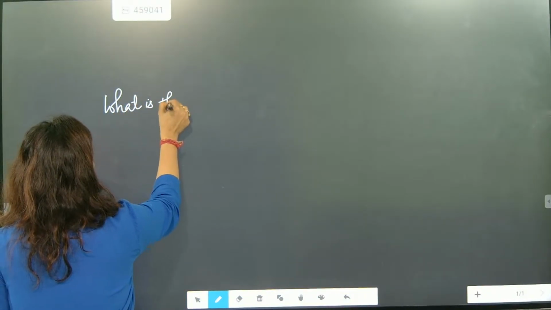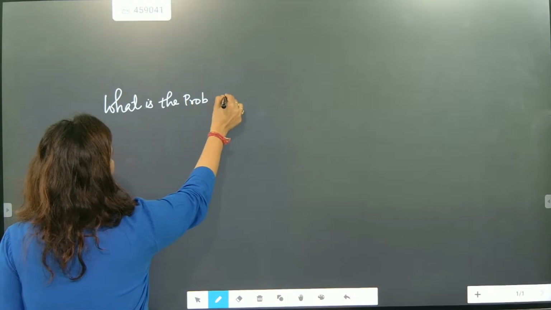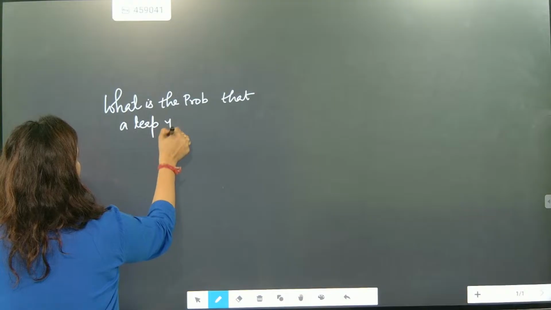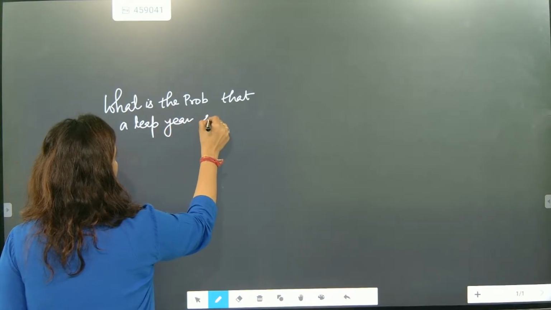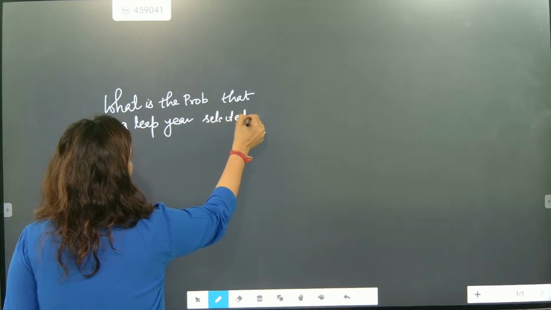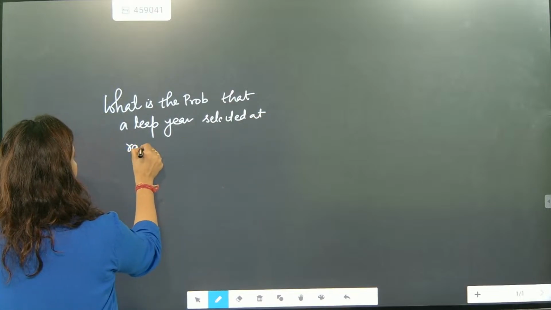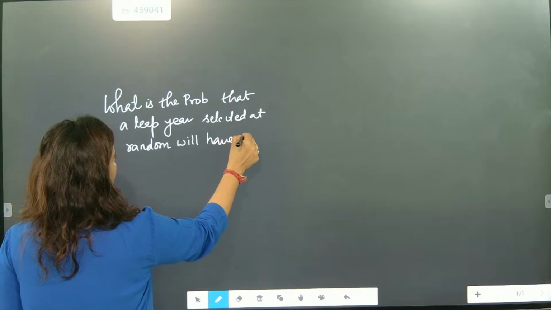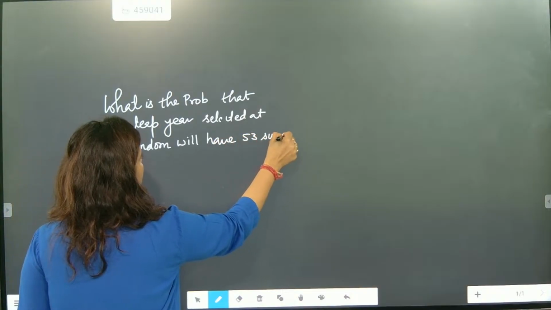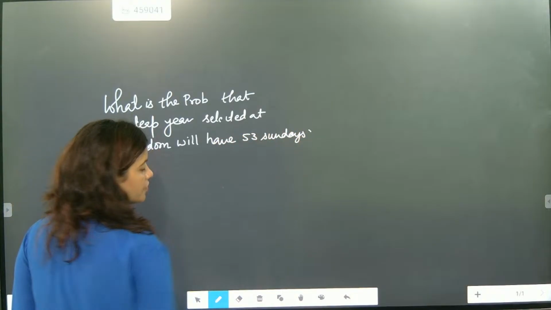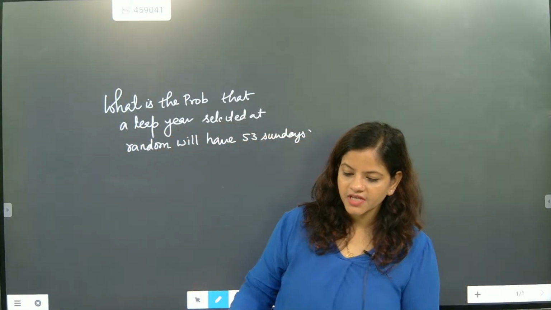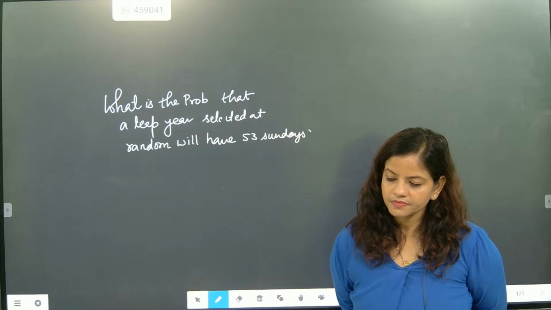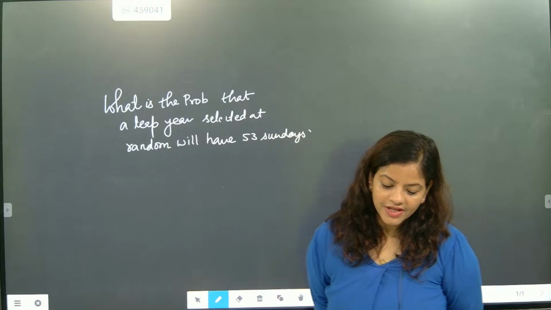What is the probability that a leap year selected at random will have 53 Sundays? Okay, so this is the question. What is the answer here? So what can be the expected answer?